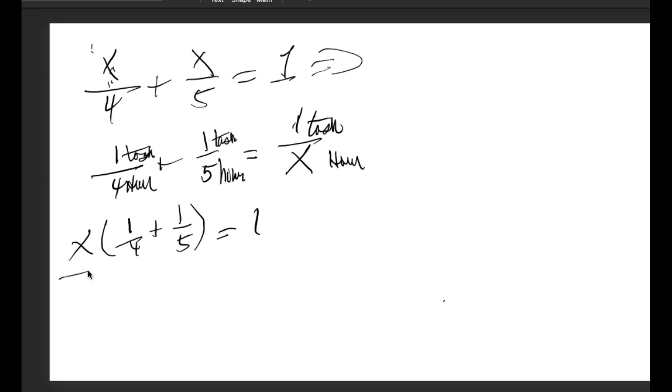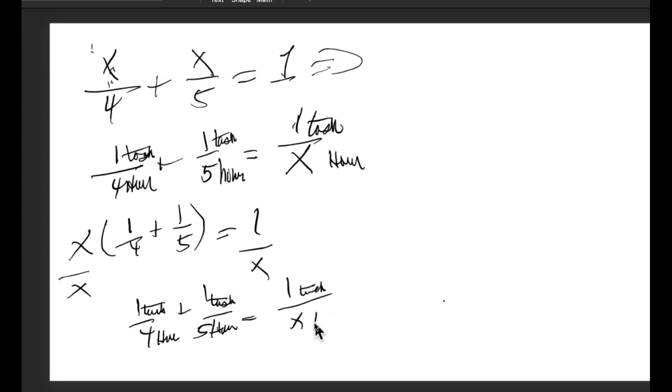Then you divide through by X, and you get 1 task per 4 hours plus 1 task per 5 hours is equal to 1 task per X hours. And it's the same thing. I just do them differently, with the time working together inside the equation rather than on the outside. But it's the same equation. So you may notice that.